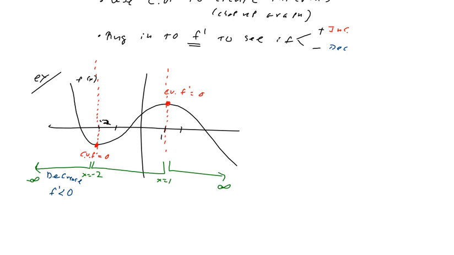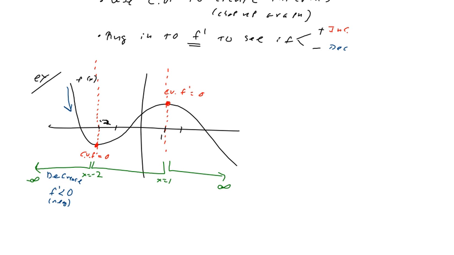My graph is going down, so my derivative is going to be negative. My derivative is negative in this entire section. No matter which point I pick, if I plug in a -3, -4, -5, -10, it doesn't matter. Every single value of my derivative will be negative in this section because this is where it's decreasing.